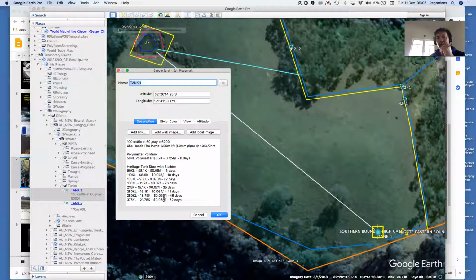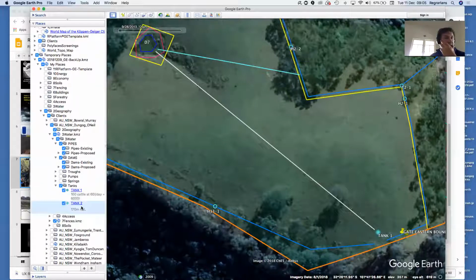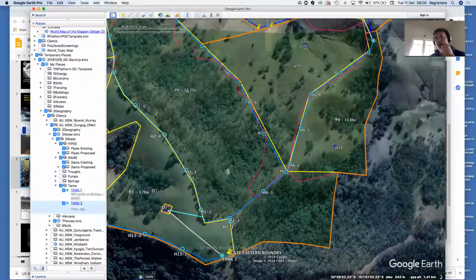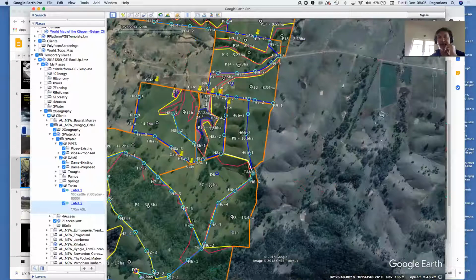Then I looked at the cost per litre for those tanks. The larger you go with the tanks, the less cost they have per litre of storage, and so on. That's that one. I did another tank over here for another part of the property, so we're pumping from an existing dam up to another one, and then reticulating that around.